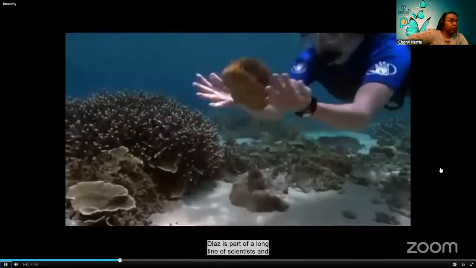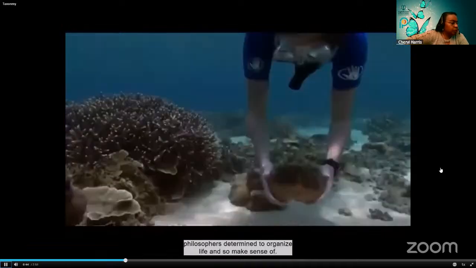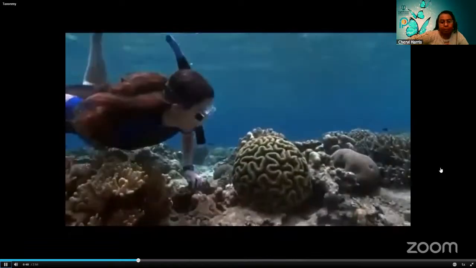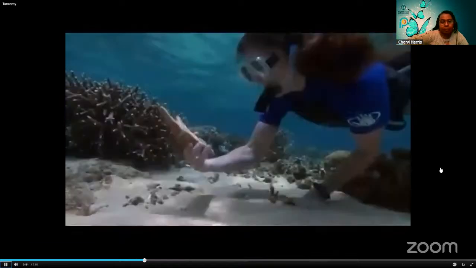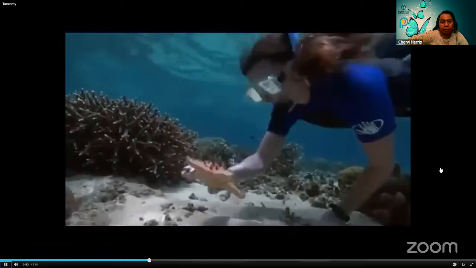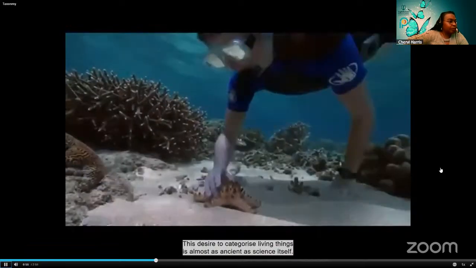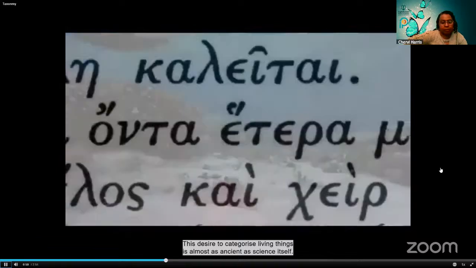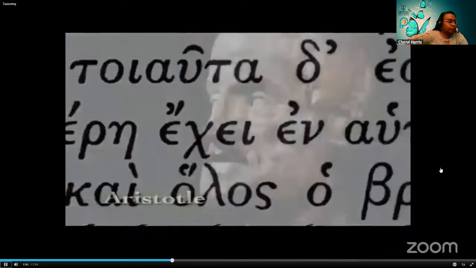Diaz is part of a long line of scientists and philosophers determined to organize life and so make sense of it. This desire to categorize living things is almost as ancient as science itself.